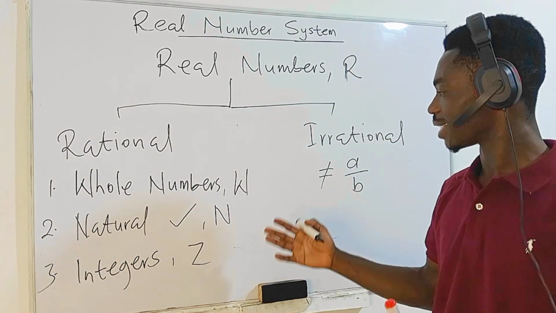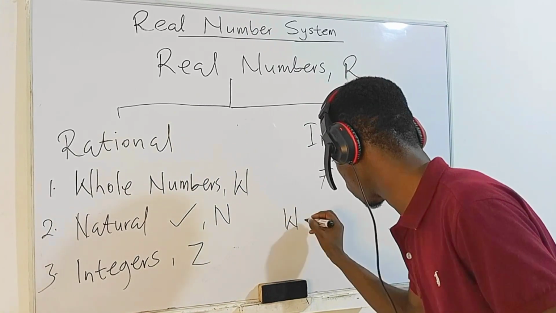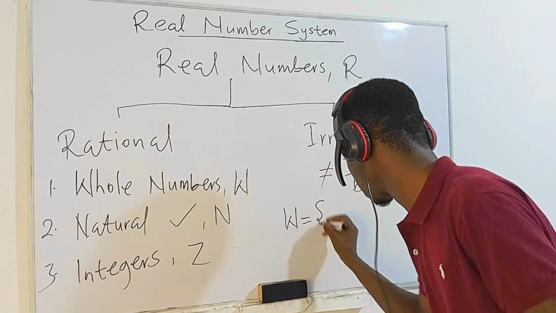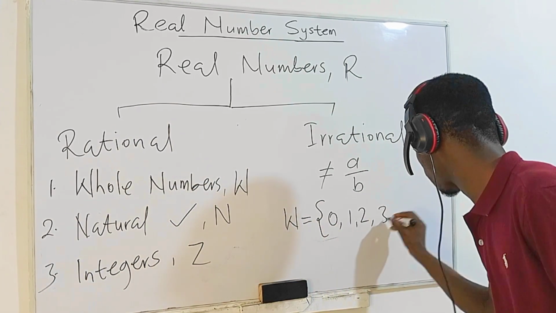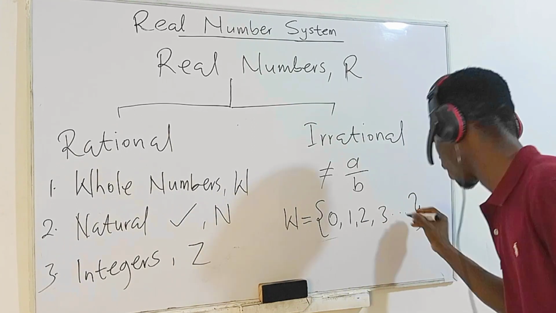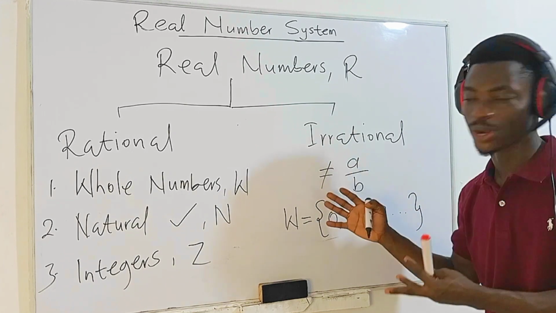Now let's look at the set of whole numbers. Whole numbers, which is represented by W, is equal to 0, 1, 2, 3, and it keeps on going forever. It doesn't end. These are the elements in the set of whole numbers.